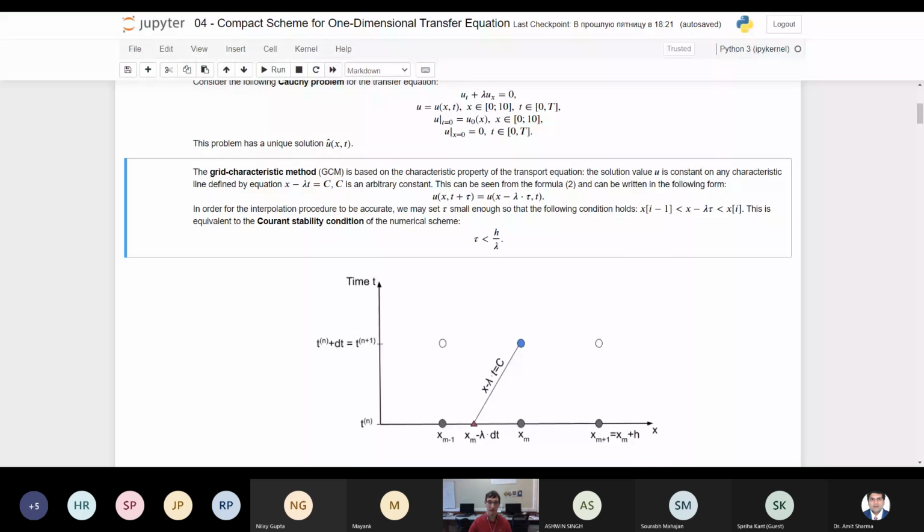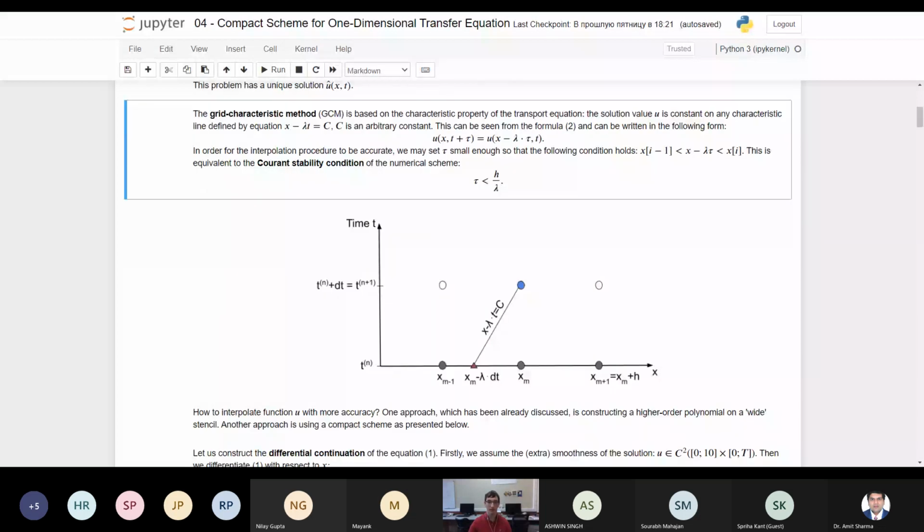And this allows us to reach the following formula. The value of our solution in the current point x at the next time step equals the value of function in a step near the point in question at the current time step t.